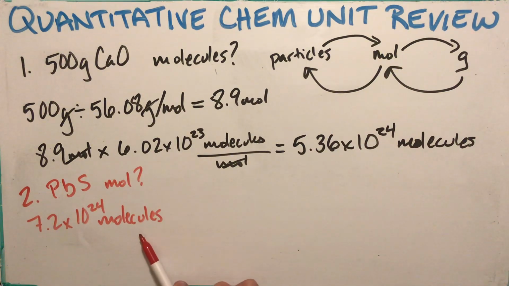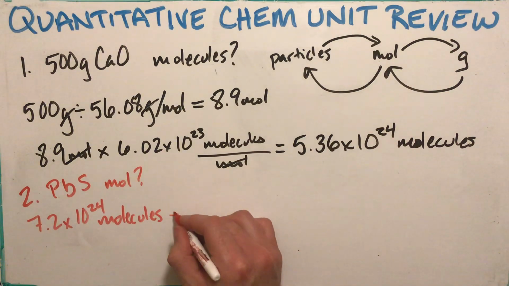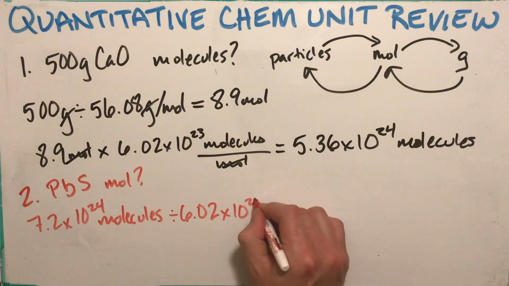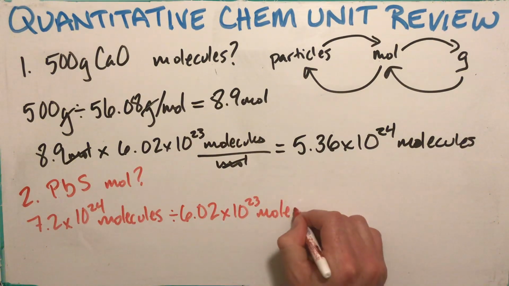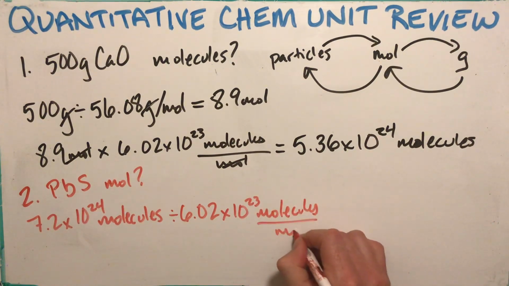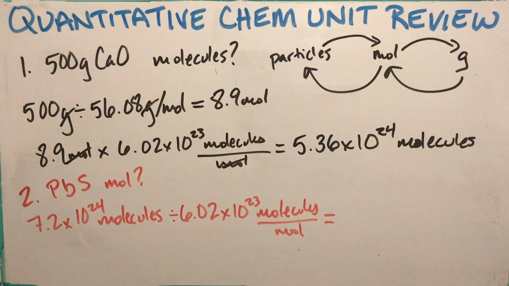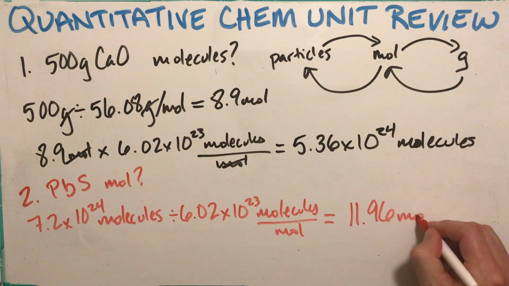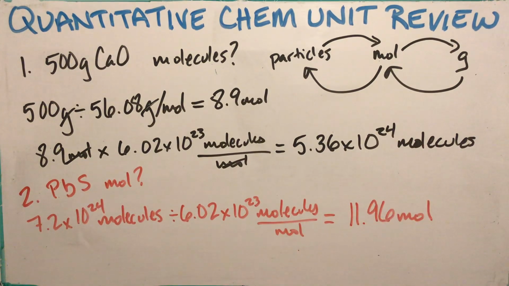The other type of particle could be an atom. We're using molecules here, and it wants moles. So this is a one-step problem. I take this and divide it by Avogadro's number, 6.02 times 10 to the 23 molecules per mole. And when I divide that out, I end up with 11.96 moles. And that's what I was looking for, moles.